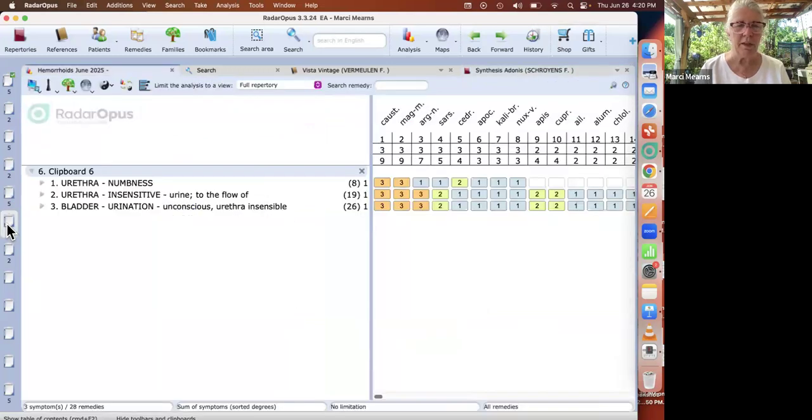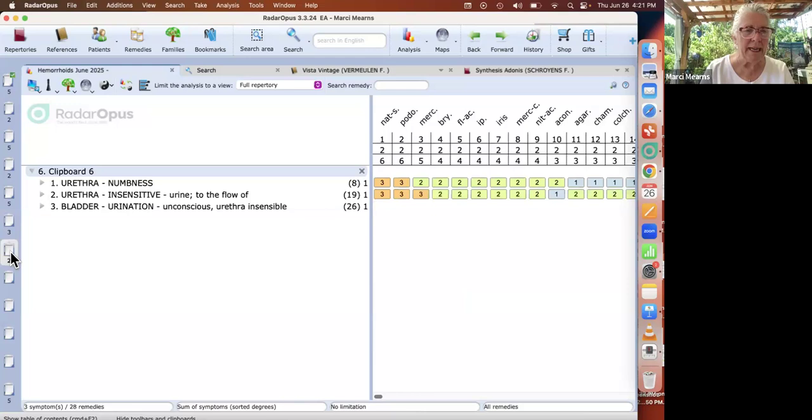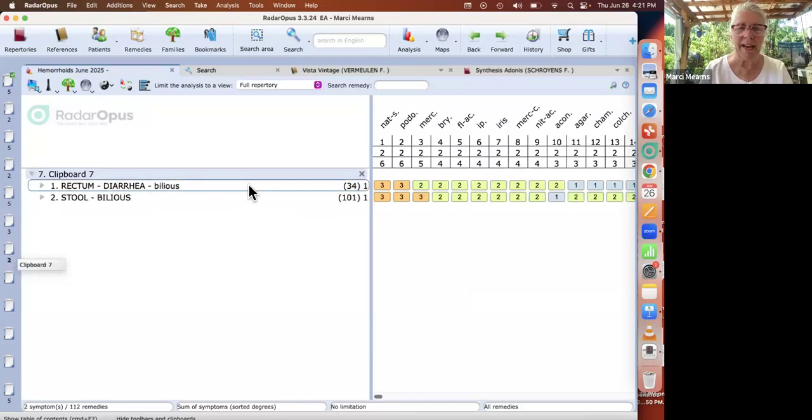And what I did, there's the numbness. Did I group all three of those together? No, I didn't. You know, I could have. And I probably should have, right? But we're going to leave it at that for now. Okay. And last but not least, there's that bile. You remember she said they had the argument. The next day she had bile in her stool, and then that's when the hemorrhoids came out.